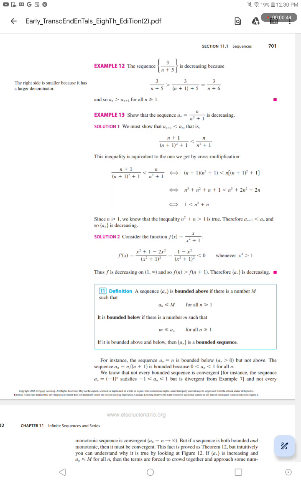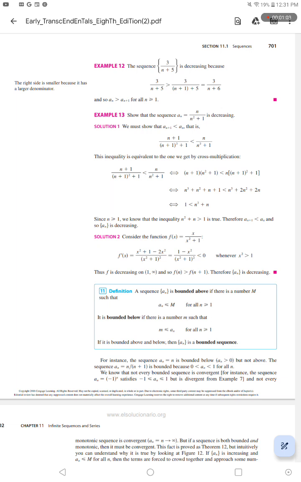Example 13. Show that the sequence a_n = n/(n²+1) is decreasing. Solution 1. We must show that a_(n+1) is less than a_n.